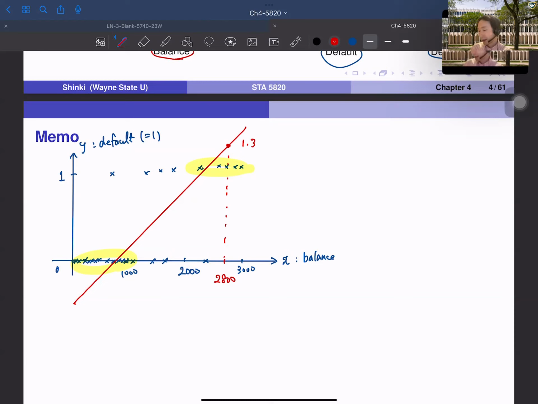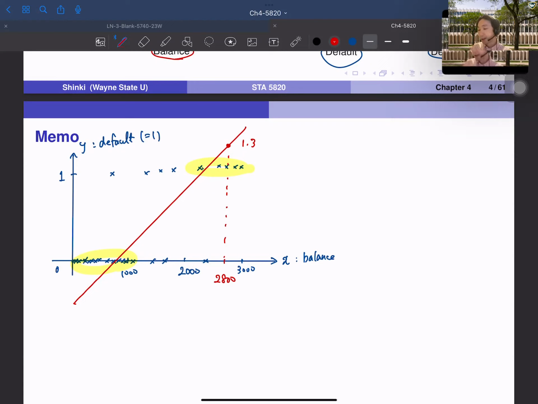That isn't good. We can randomly say 0.5 or something, then it's much better in terms of the distance from the actual observation. And even if we just say it's 1, 1 is the largest reasonable guess for the default status if the value is 0 or 1.